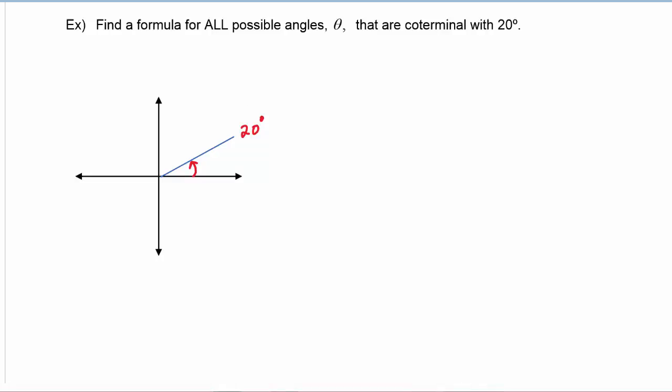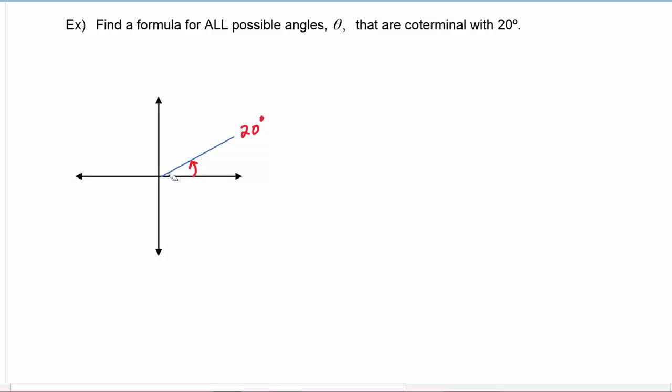Now, to get back to this angle again, remember coterminal angles are going to start here on the positive x-axis, and they have to have the same terminal side as the 20-degree angle, but they can have different rotations or directions. So we could start here, go all the way around, pass up the 360 degrees, and end up there again.